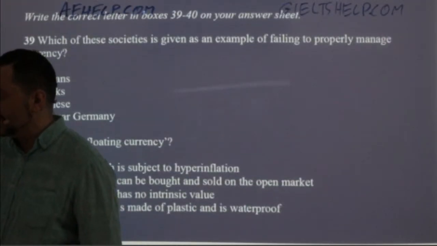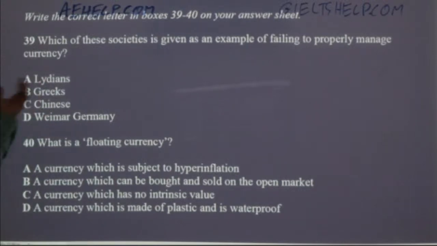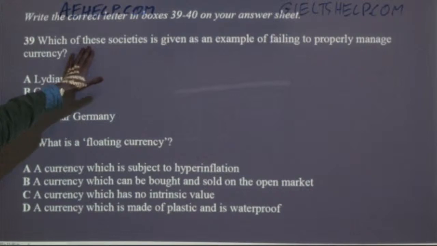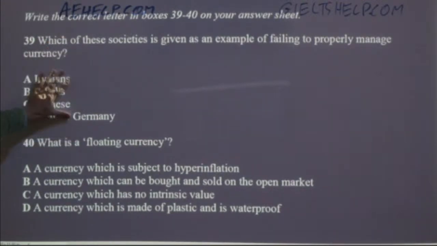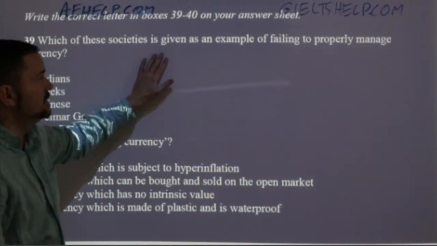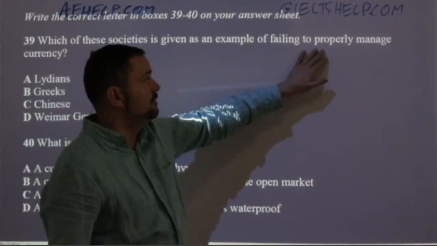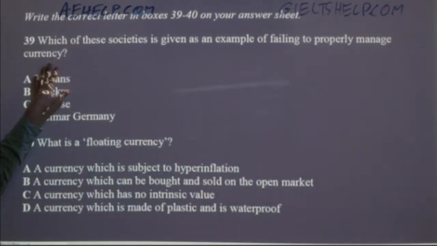And here we have two multiple choice questions. Speak of the devil. Here all we do is we just read, and of course we can paraphrase, change into a statement, the question itself. We ignore the choices, okay? So which of these societies is given as an example of failing to properly manage currency?